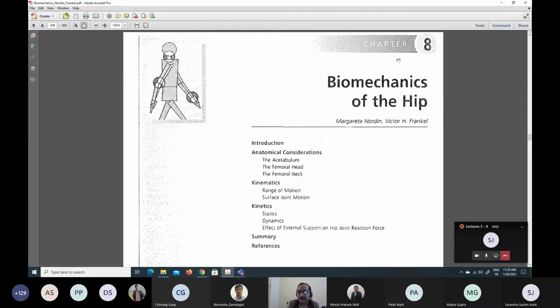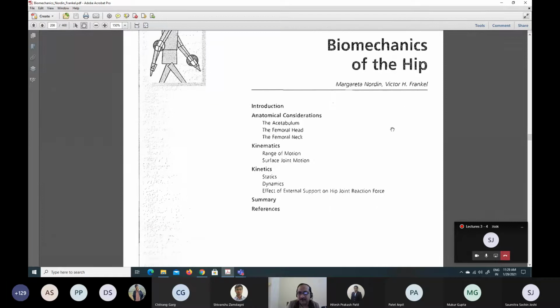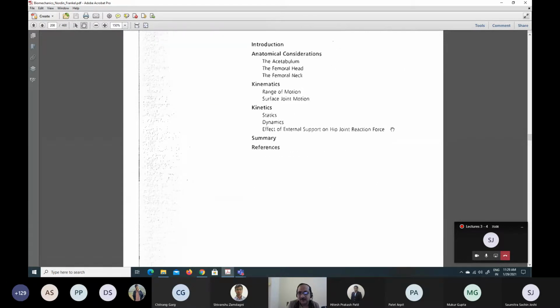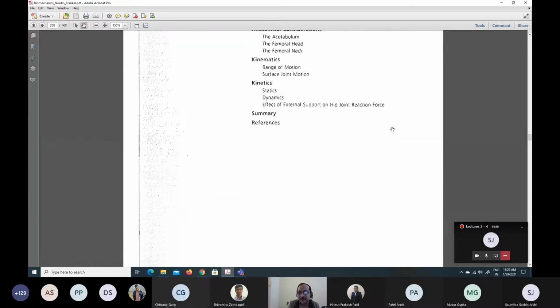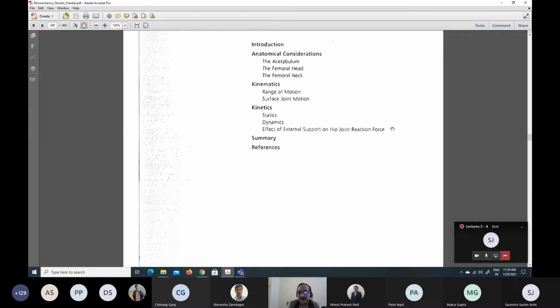Now, primarily, I would refer to chapter 8 because this is the document you have with you, the book by Nordin and Frankel. It's very well presented in a short manner. The basics, as you can see, is that we have the acetabulum.